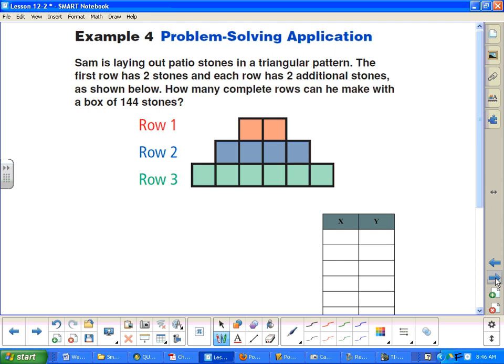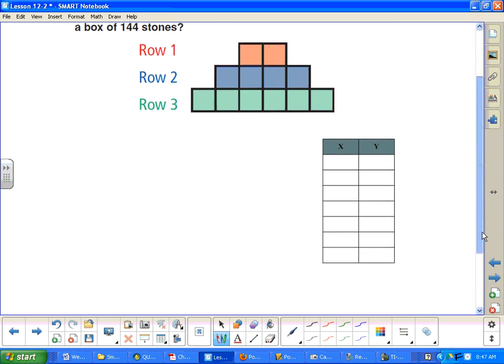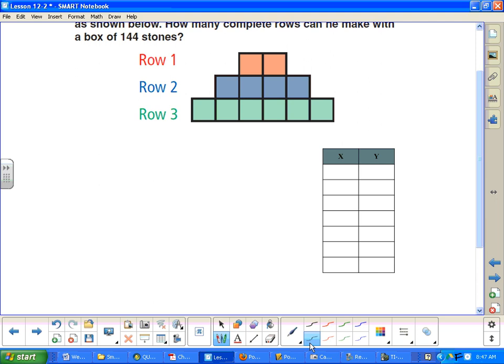Now the best way to do this is just to make a table. And now I got the start of a table here, and I'm going to change these columns. This is going to be the row number, okay, the stones in that row, and I'm actually going to make a third one here.